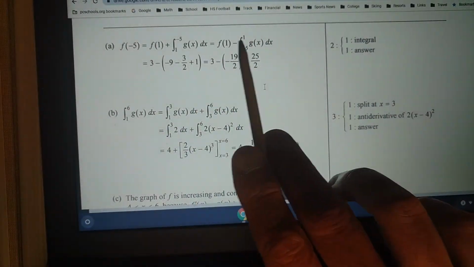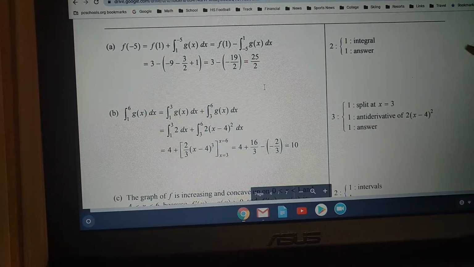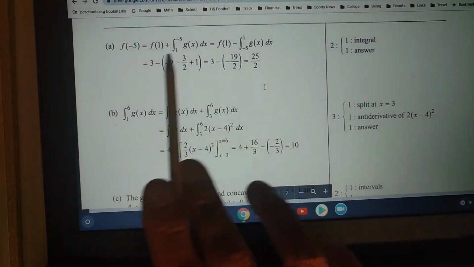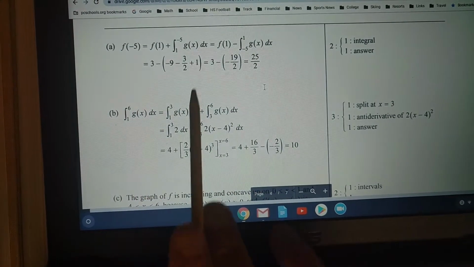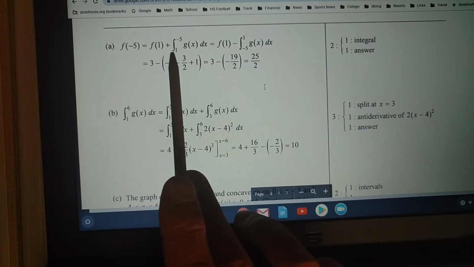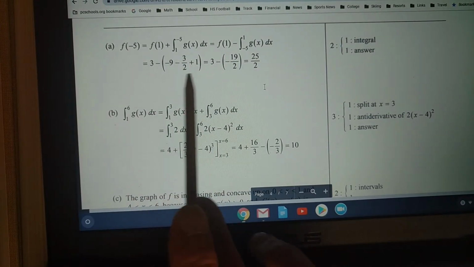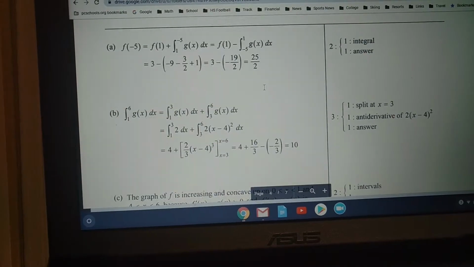Either one of those would get you your integral point. And then your answer is knowing about having your initial value and then making sure that you evaluate the areas correctly. You could leave it in this form right here. That's okay. But if you do simplify, you must simplify correctly to 25 over 2.